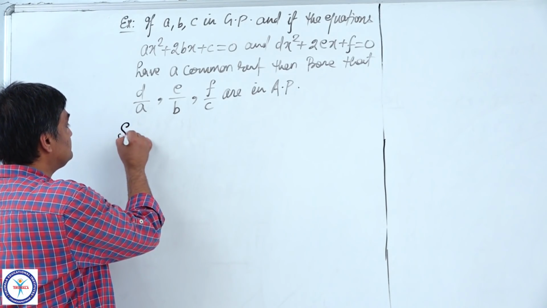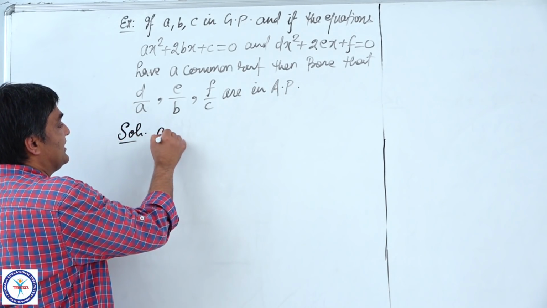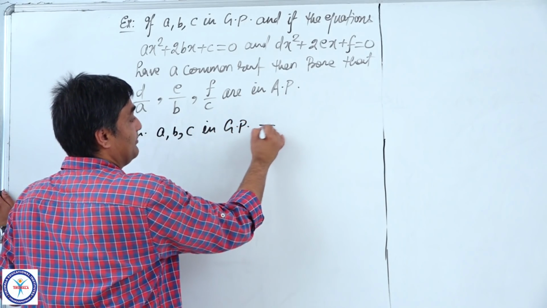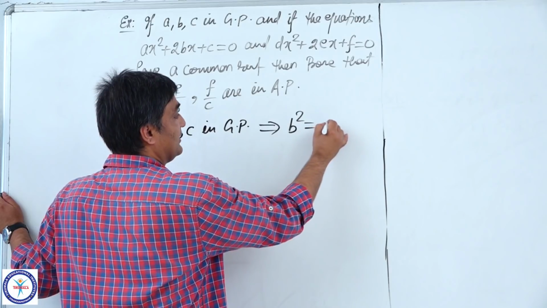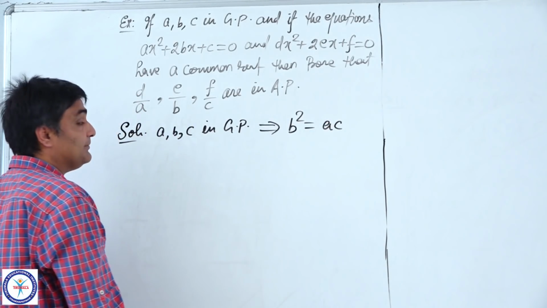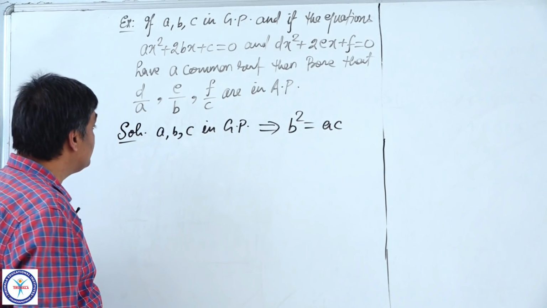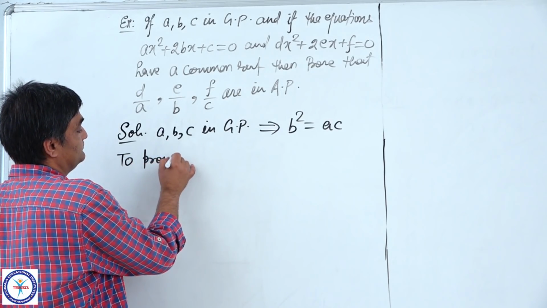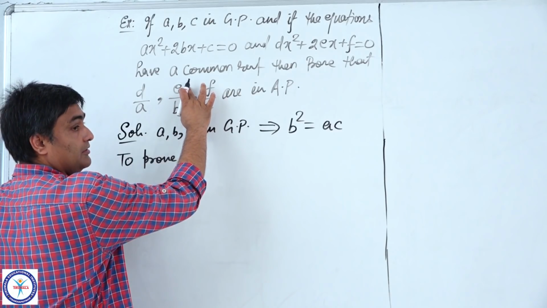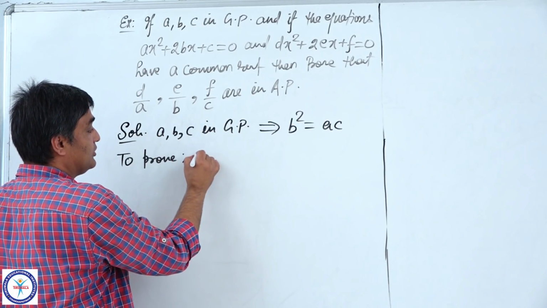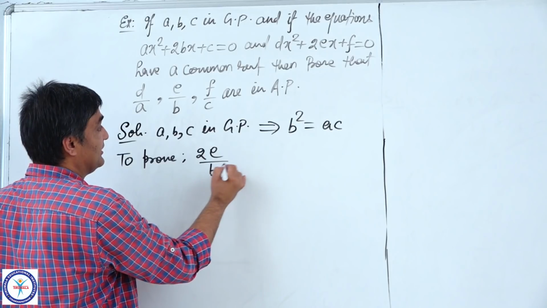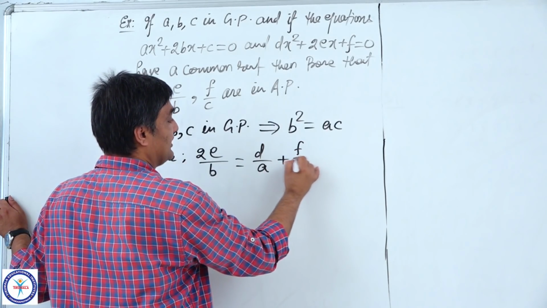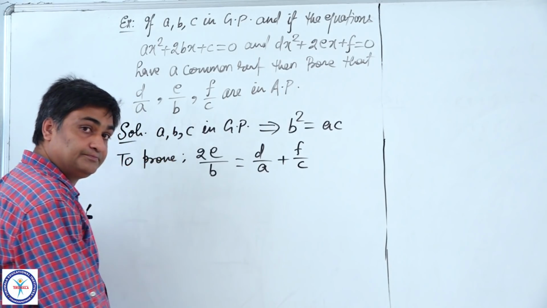Okay? a, b, c in GP means b square equal to ac. To prove this in AP means 2e by b equal to d by a plus f by c.